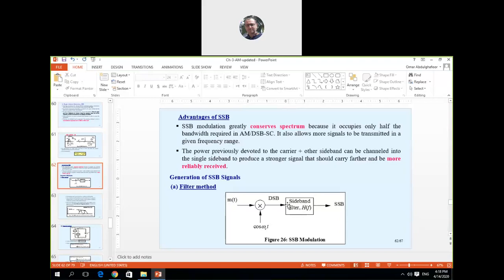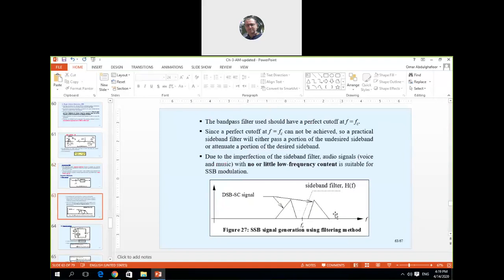The double sideband suppressed carrier signal will pass through this sharp cutoff filter to eliminate the undesired sideband, either lower or higher. This is the double sideband, but this one is not a real spectrum.